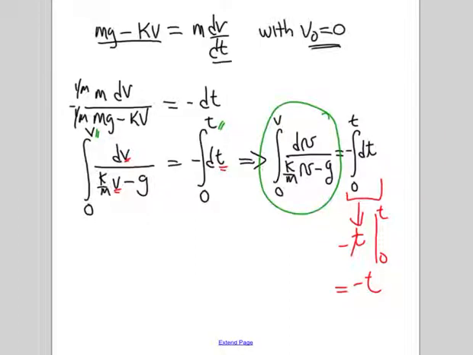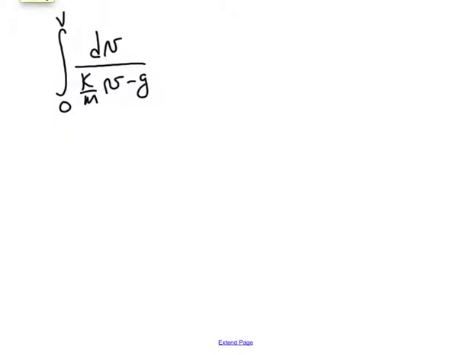And to do that, we'll rewrite that on a new page. So we have the integral from 0 to the final velocity of dv divided by k over m times v minus g. Now that kind of looks like, although it's not, the integral of dx over x.